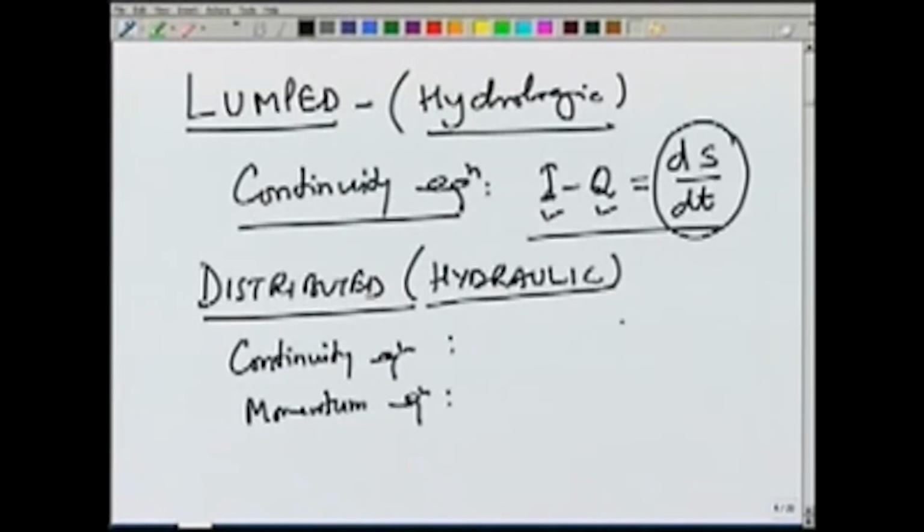So, for example, if you are talking about a channel and the depth of flow is y at different times, we can write a continuity equation which would be of the form, and q is the discharge, q will be a function of x and t.